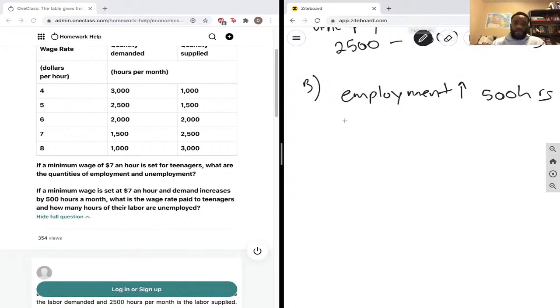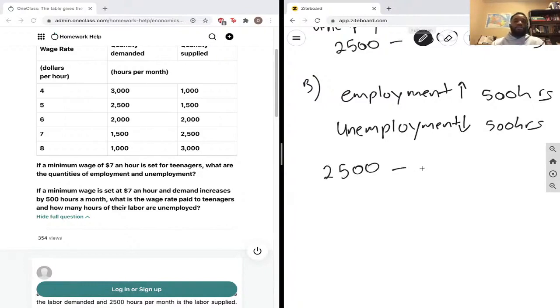And unemployment goes down by 500 hours. And if you want a mathematical description of that, the quantity supplied still remains the same at 2,500, but the new quantity demanded is now 2,000.